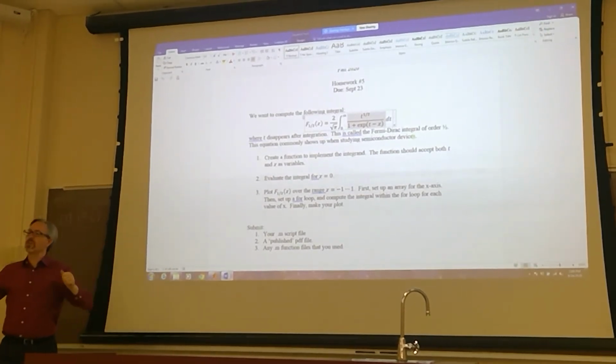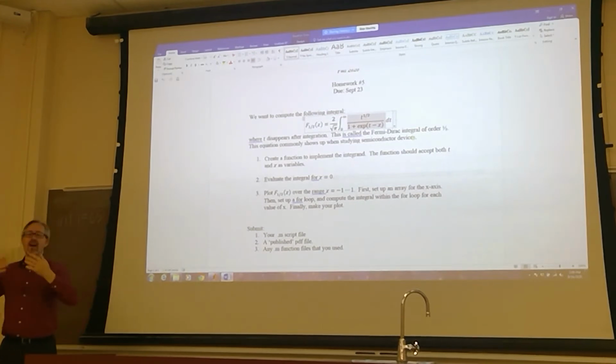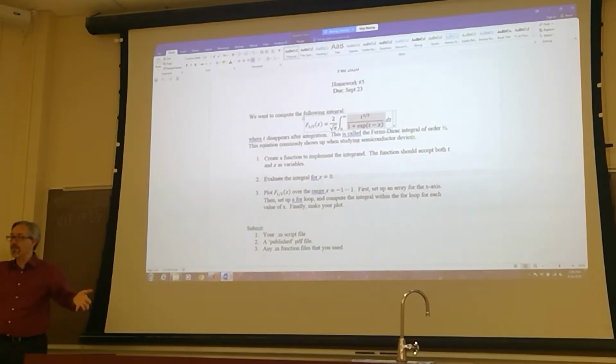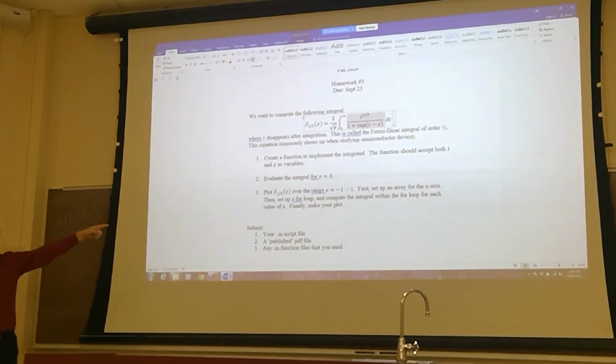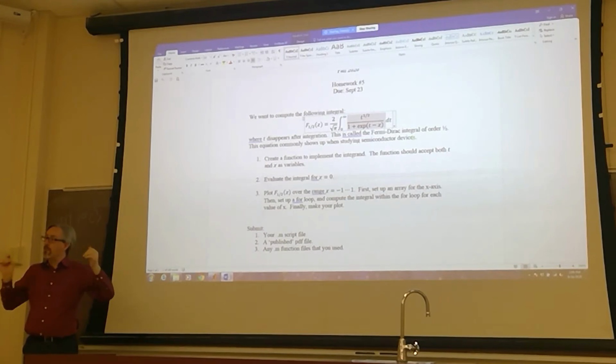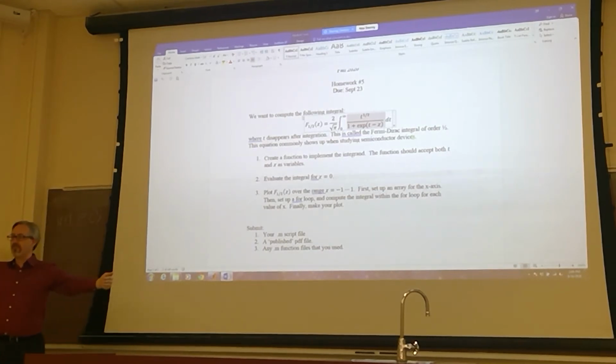Then, as a warm-up, number 2 here says evaluate it at x equal to 0. Right, so you can just type integral, all this stuff, and you put 0 in for x. See what number you get. Okay. Third thing, I want you to plot this for a range of values of x from -1 to 1.